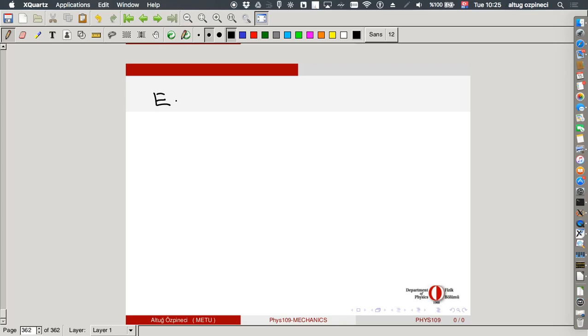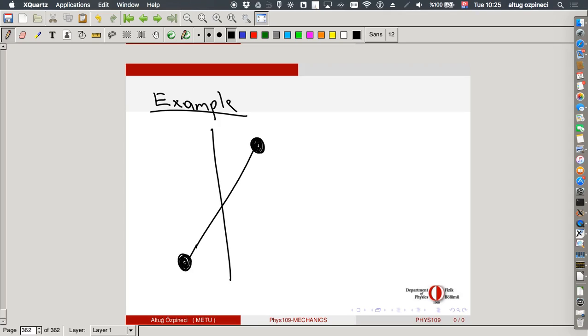So let's do an example. I have a rigid, massless rod with two masses attached to both ends. Let's say this is my omega.